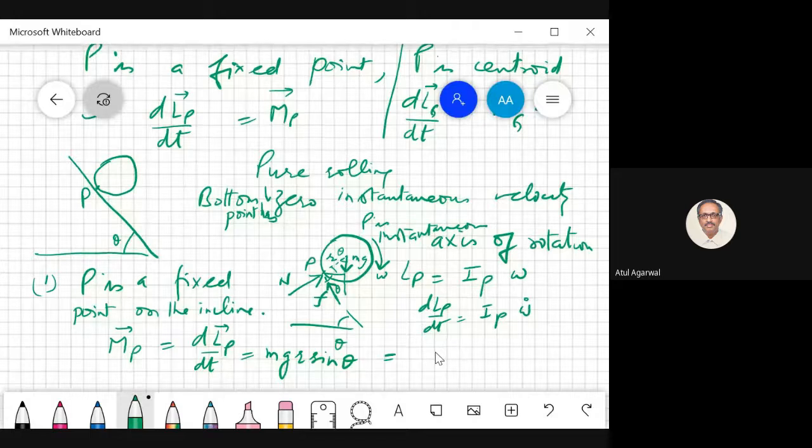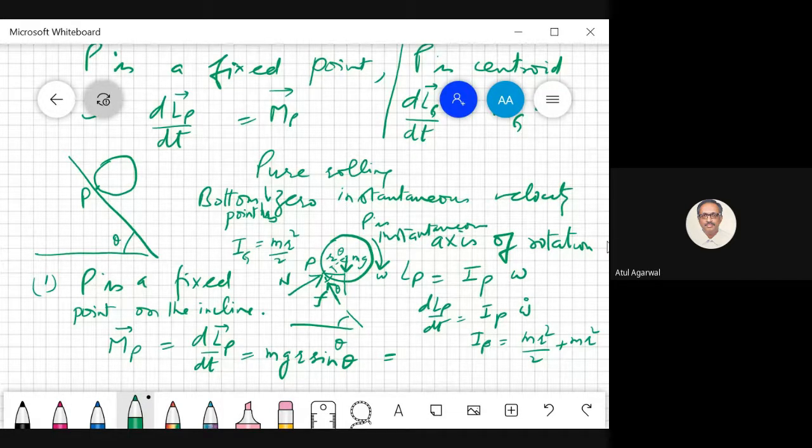And what is the Ip about point P? For the circle, what is the second moment of inertia, IG, about an axis passing through the centroid, perpendicular to this surface, along the axis of the cylinder? IG is mr square by 2. And Ip is mr square by 2 plus mr square. This is a standard formula.